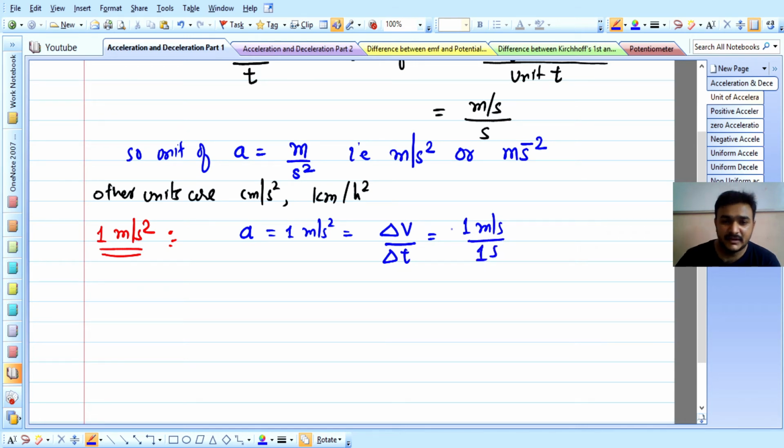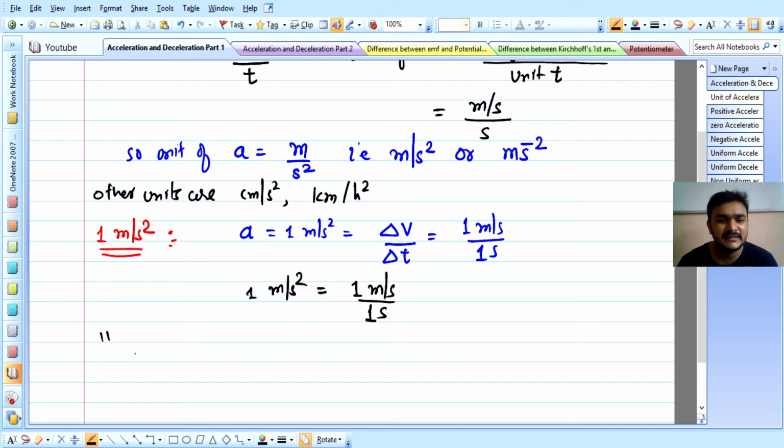So if the ratio has a value of 1, then I can write that acceleration is 1 meter per second square. So ultimately I can write that 1 meter per second square is the acceleration when change in velocity is 1 meter per second and time taken is 1 second.